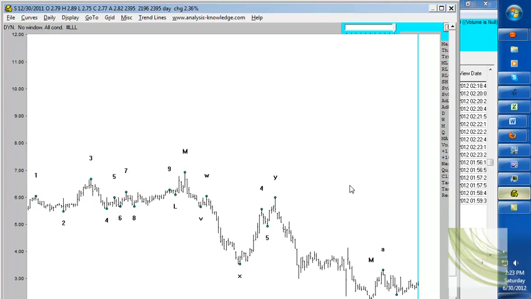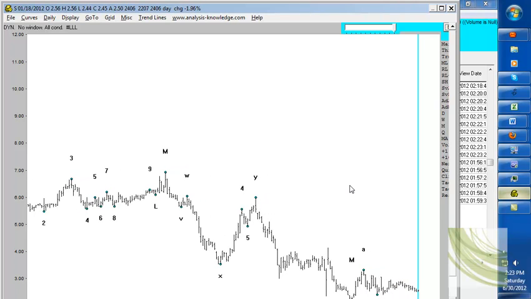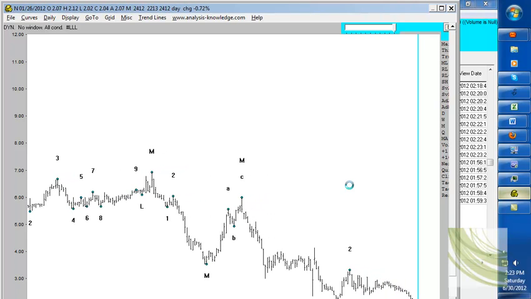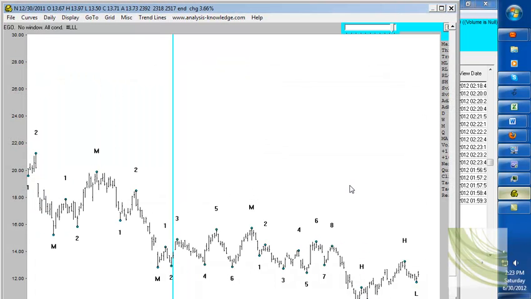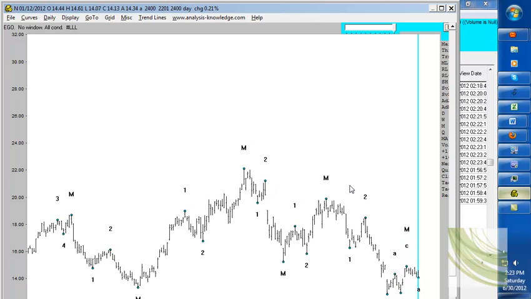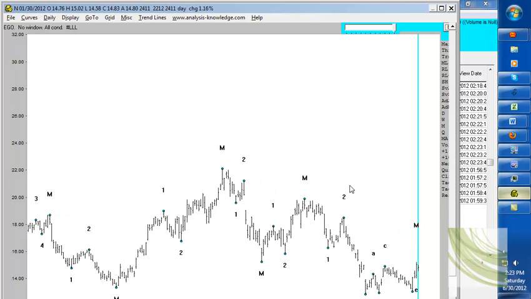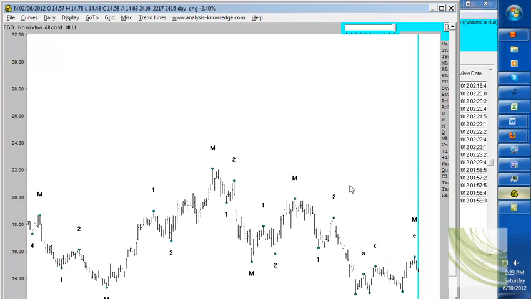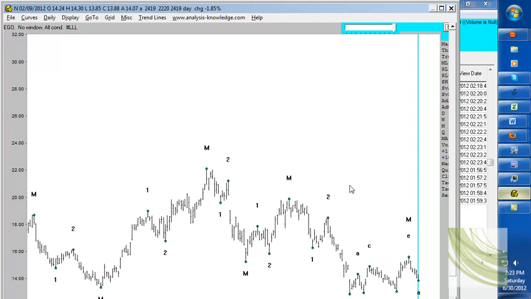Okay, DYN. I do not know it to have a pattern. Doesn't look like it to me. EGO. Did not have a pattern, even though it went up for a quick E. So if you made a mistake, no problem.